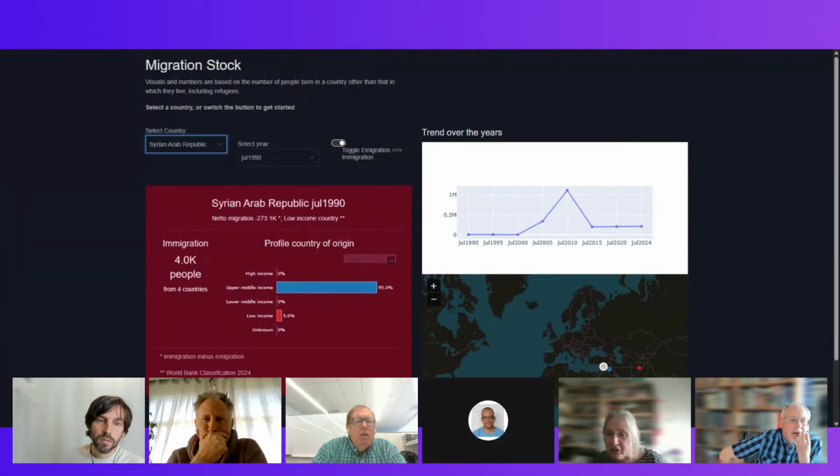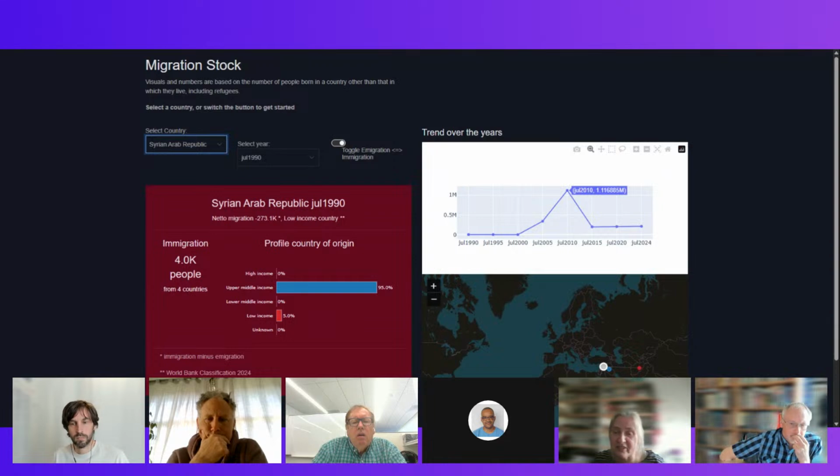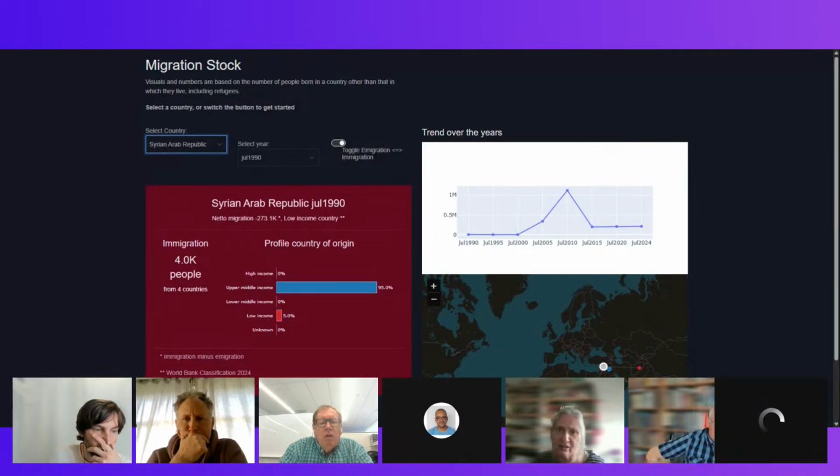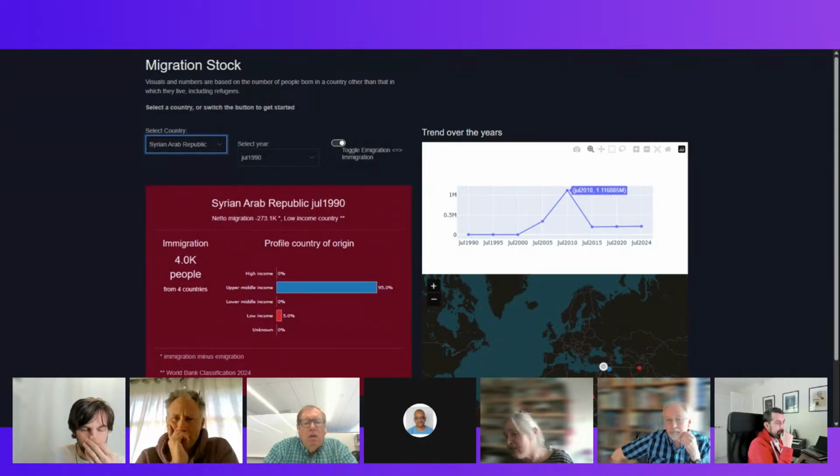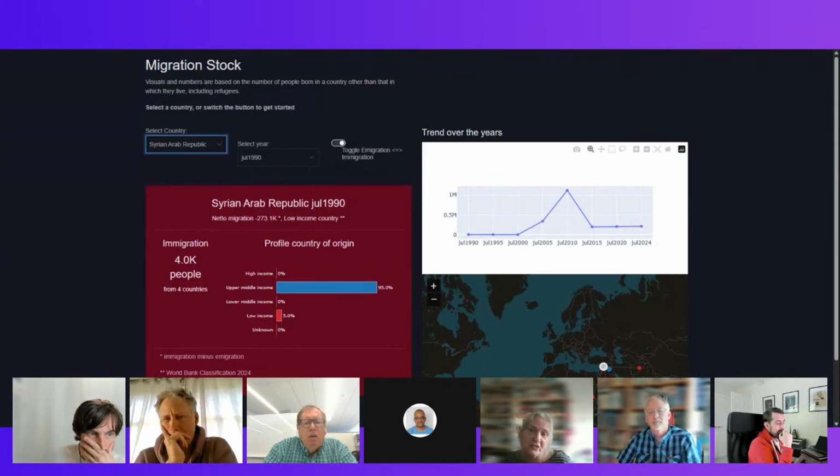Okay, this is the immigration to Syria. That's starting in 1990 was the first. And then you see a lot of people coming to Syria, people with a foreign nationality living in Syria until 2010. 2013, there was the start of the civil war.